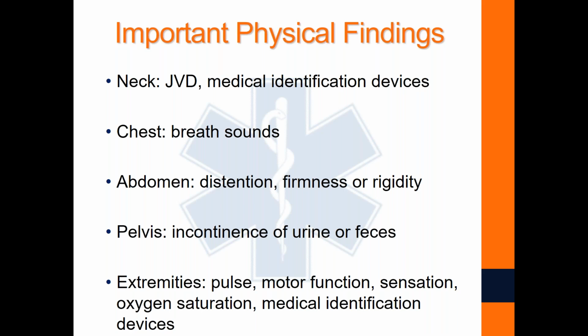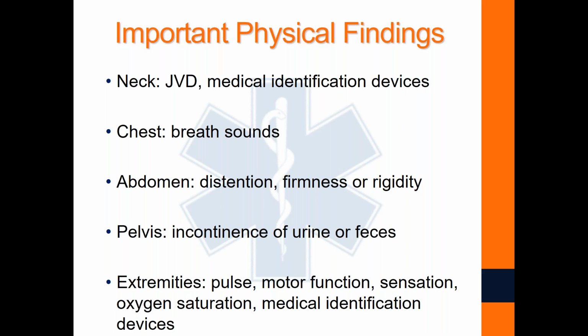When we assess their abdomen, we're going to press and palpate all 4 quadrants of their abdomen. We're going to inspect it for distension, any firmness, any rigidity. When we look at their pelvis, we're going to see if they were incontinent of any urine or feces. That can tell us maybe the patient had a seizure. That can also let us know maybe how long they've been in this state for.